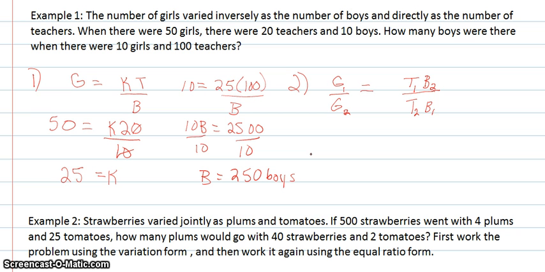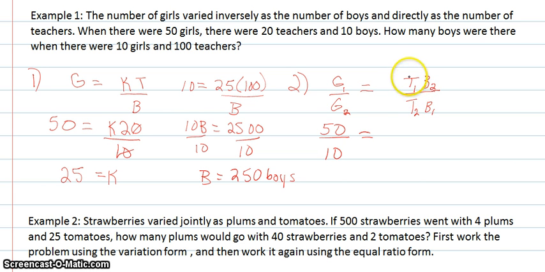And we'll get that same answer by using the second method. In this method, you're able to fill everything in at once and then just solve immediately for the number of boys. So here I would have my 50 girls on top, and then my 10 girls on bottom.